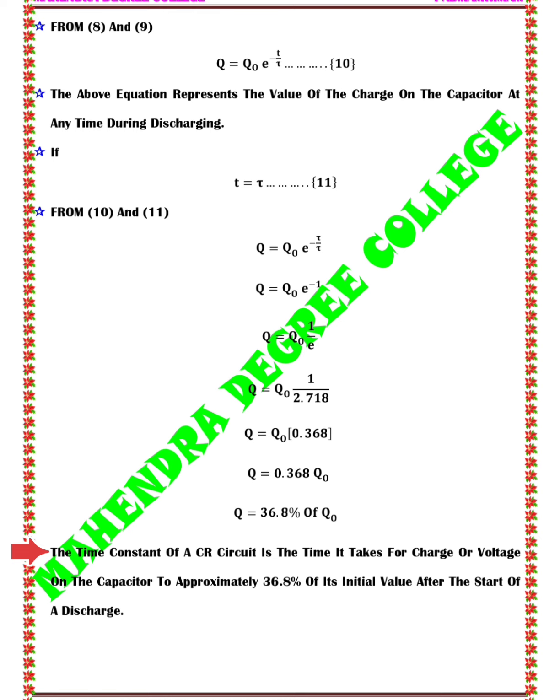In other words, after a time t equals RC, the charge Q on the capacitor will have decreased to Q naught by e, approximately 0.368 Q naught, or 36.8% of Q naught, where Q naught is the initial charge.